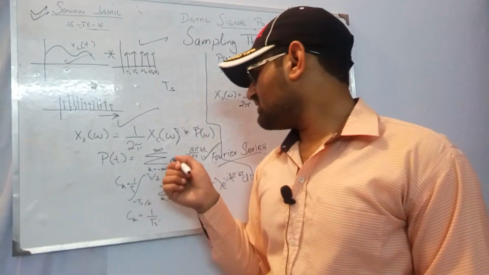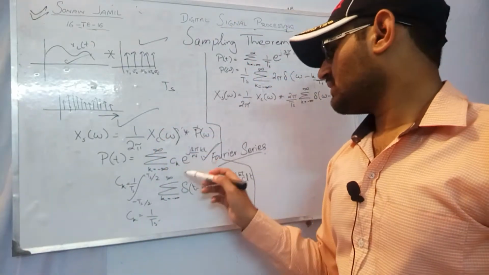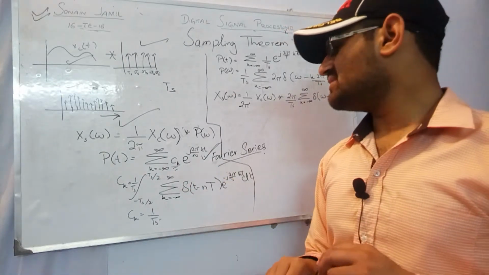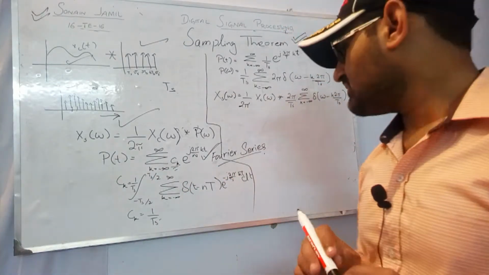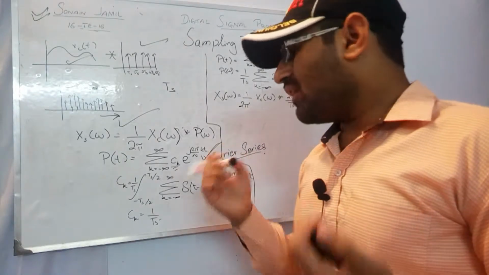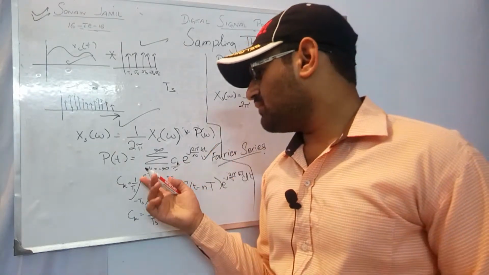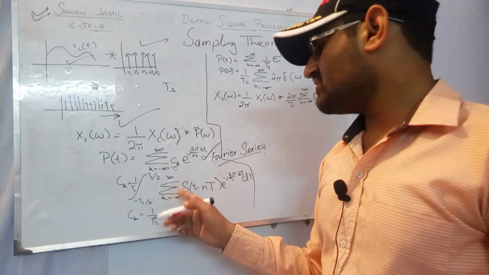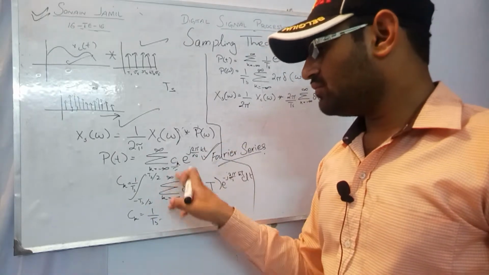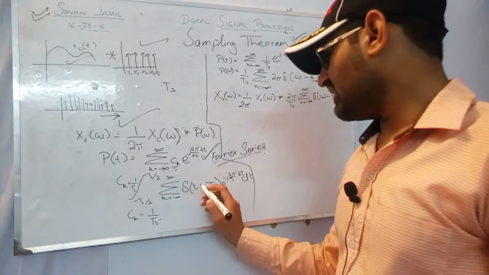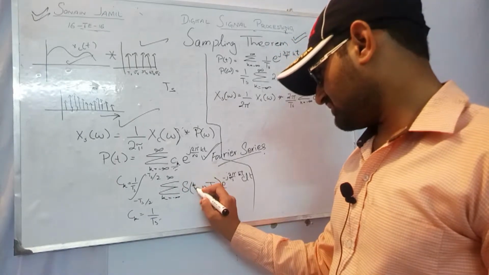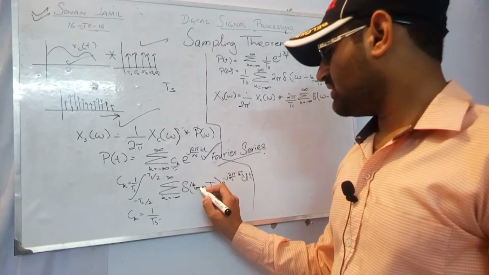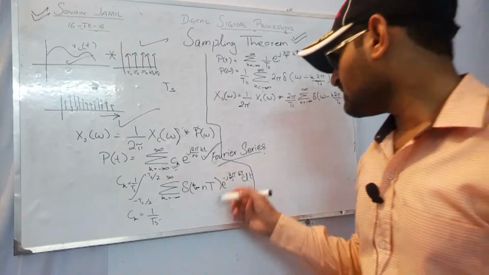So, the Fourier series, where C of k is the Fourier coefficient. To find the Fourier coefficient, we have the formula 1 over T, integration from minus T by 2 to T by 2, and the signal is the impulse train.